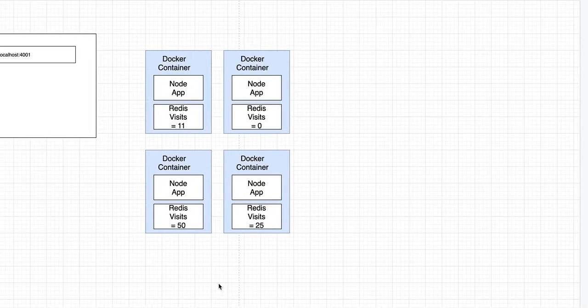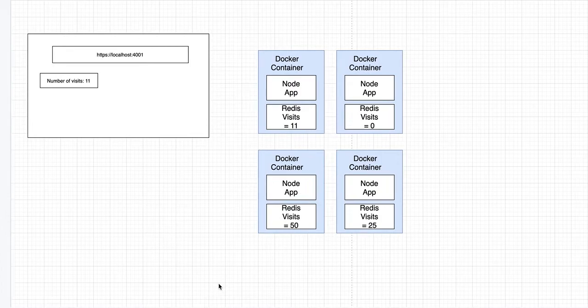Now, if you have a look at this diagram, what will happen is that once you scale out your Docker containers with this architecture, they will have multiple Redis instances running inside the different Docker containers. Whenever a page is visited, the Node application will be called from a load balancer, and that will make a connection to the Redis.